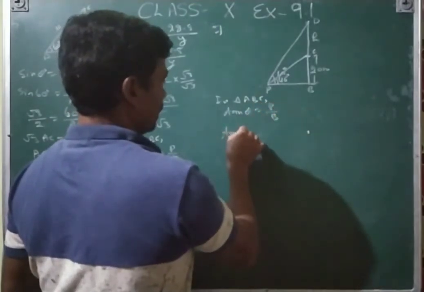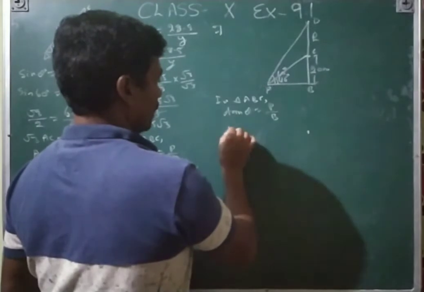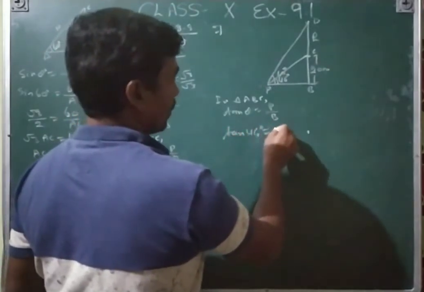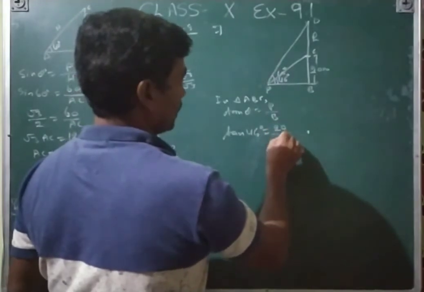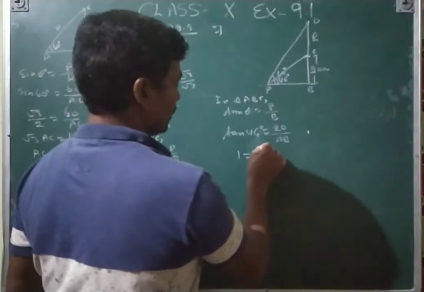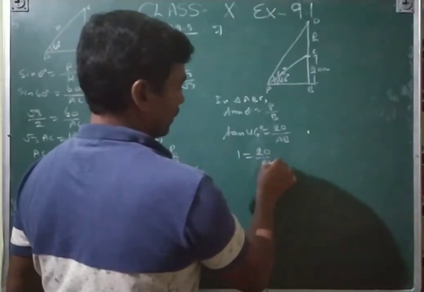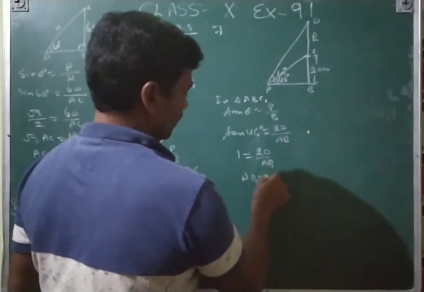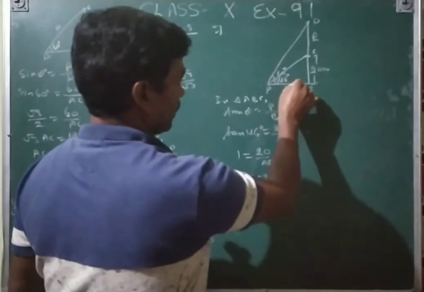So tan 45 degrees is equal to perpendicular, which is 20, upon base, which is AB. The tan 45 value is 1, so 1 is equal to 20 upon AB. So AB is equal to 20. We have found that here, 20.